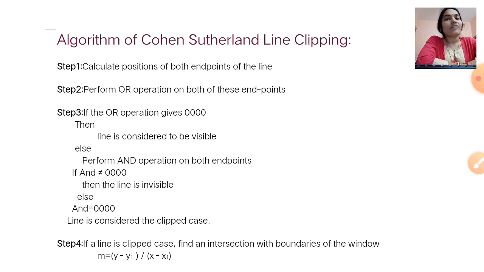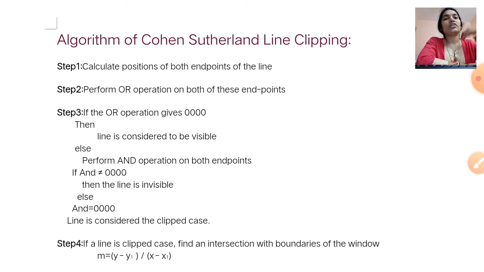The algorithm has 4 steps. First step, calculate the position of both endpoints of the line. Secondly, we perform an OR operation on both these endpoints. If the line is inside the window, then it is visible.